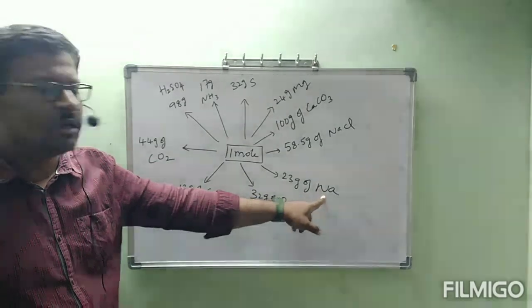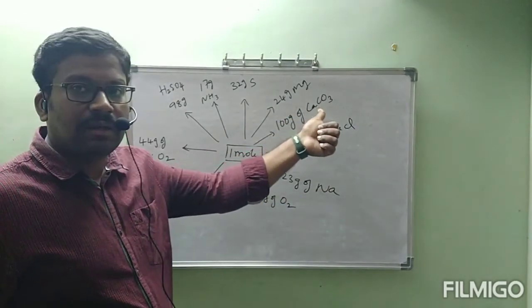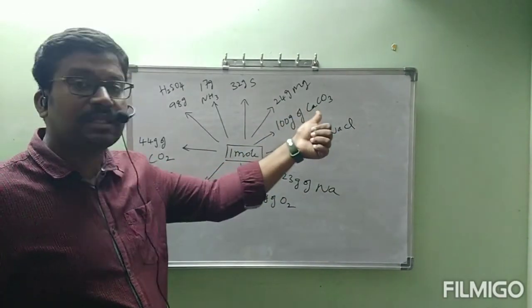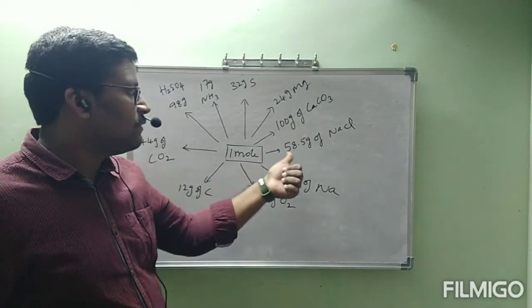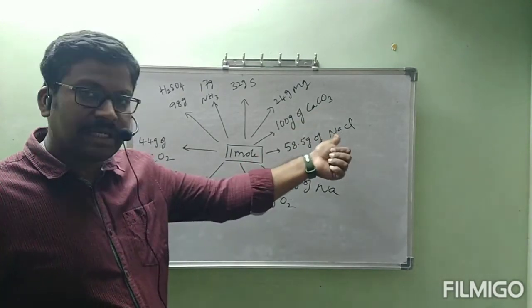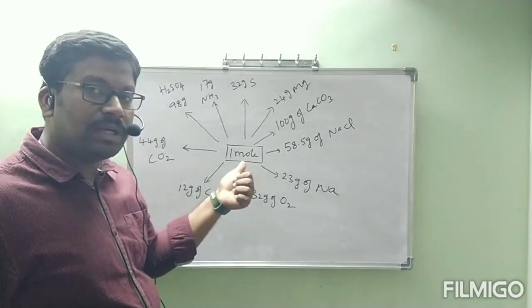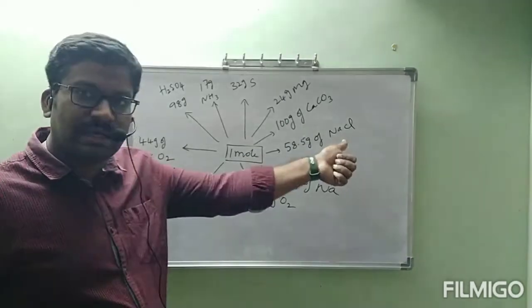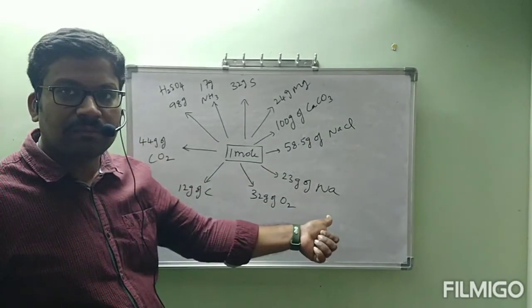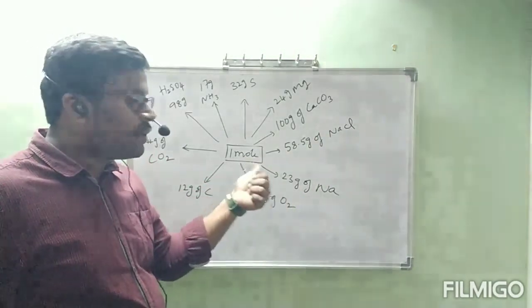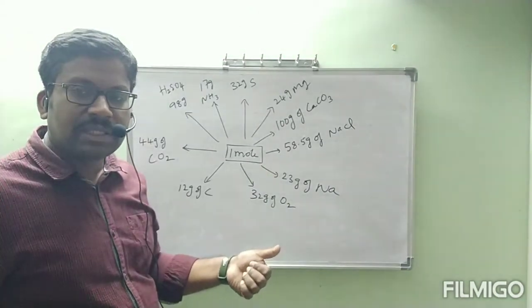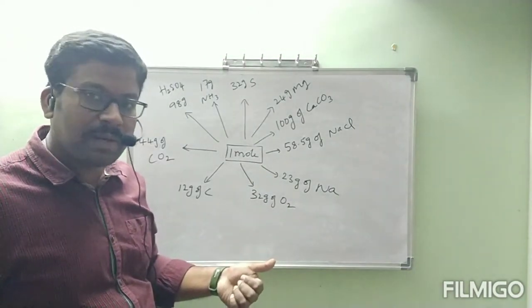See, 100 grams of calcium carbonate contains 1 mole of CaCO3 molecules. Next, 58.5 grams of NaCl contains 1 mole, that means 6.023 into 10 power 23 molecules of NaCl. 23 grams of sodium, meaning 1 mole of sodium atoms, means 6.023 into 10 power 23 sodium atoms.